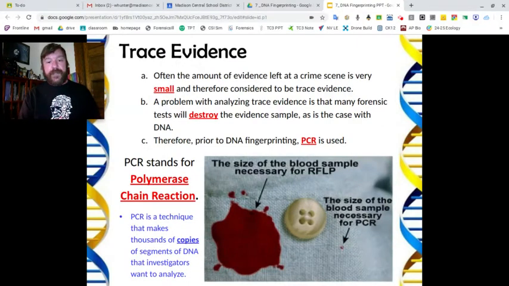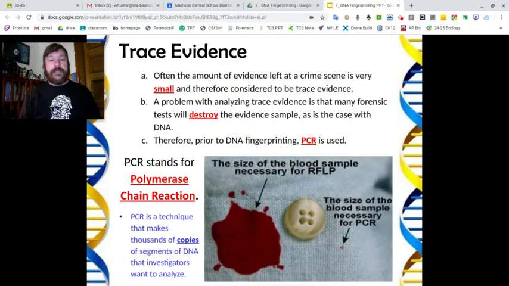So often the amount of sample for DNA can be very, very small. So we consider it a form of trace evidence. It's hard to work with because when you collect it and you use it, you're basically using it up and it's gone afterwards.